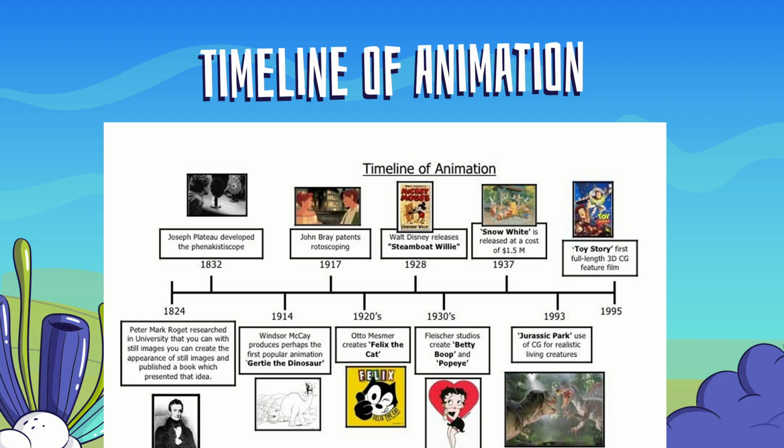Coming to 1937, Snow White and the Seven Dwarfs, the first ever full-length animated movie, originated. Coming to 1995, Toy Story became the first 3D animated movie, and this was a huge turning point in animation.